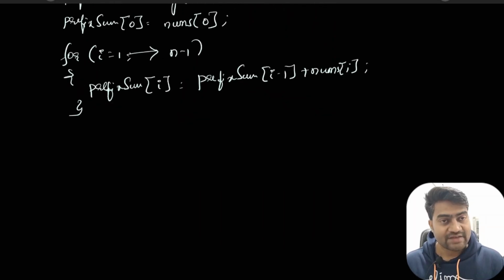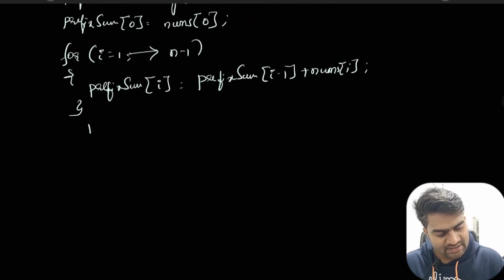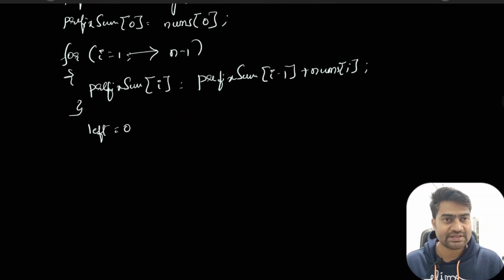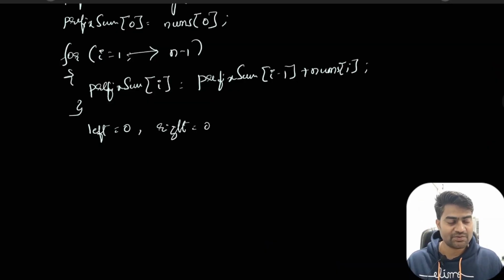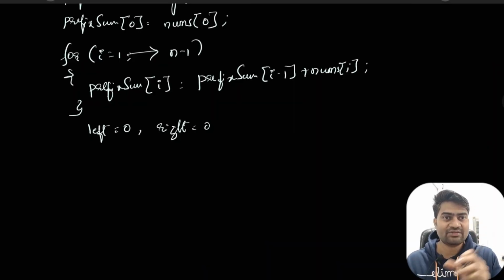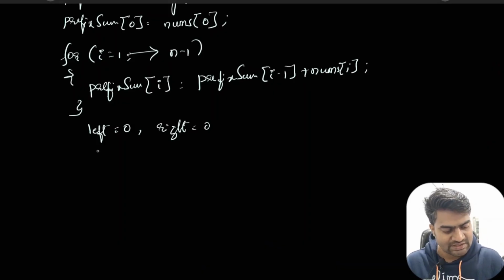So now I will take two variables, left equal to 0, this is basically the prefix sum, then right, which is equal to 0, which is the suffix sum. Now I need to compute the left and right sum for each value. So I will take again a loop, I equal to 0 till n minus 1.